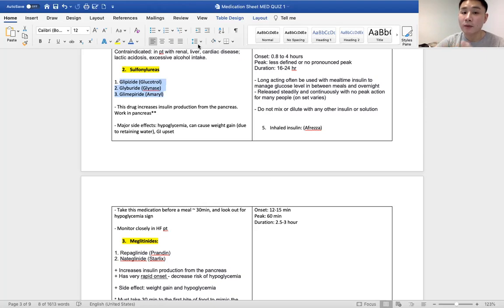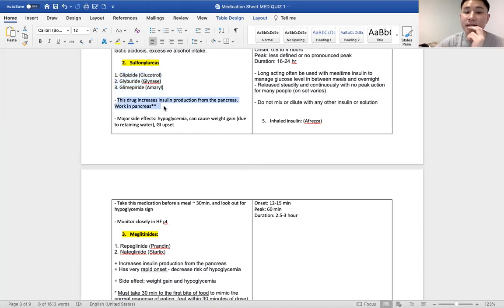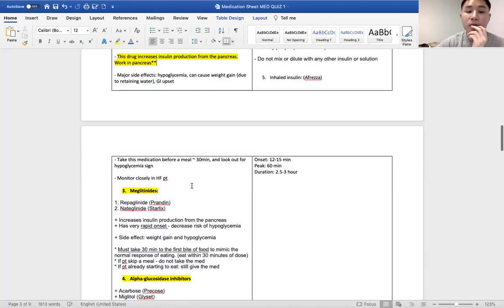But when we give them this medication, it increases the insulin production. This insulin can take up all the glucose that the patient eats, so that's why it can lead to weight gain. Weight gain is a big thing for sulfonylureas, and know that this medication increases insulin production from the pancreas.